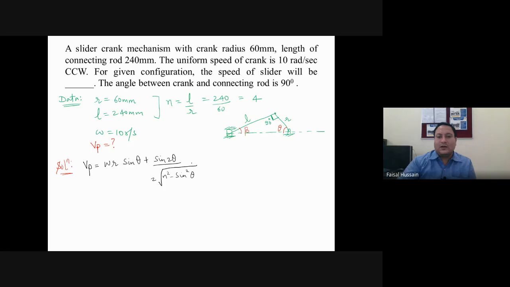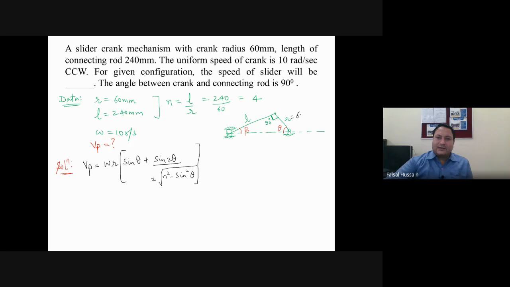This is the equation that we have seen in our previous slides in analytical method, velocity and acceleration. So now, we know omega 10 radian per second, we know radius 60 mm, that is 60 into 10 raised to power minus 3 meter. So omega is known to us. The radius of the crank is also known to us, 60 mm.